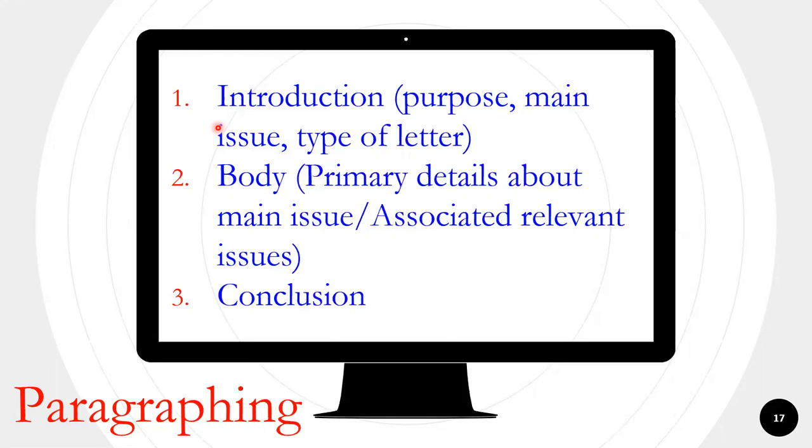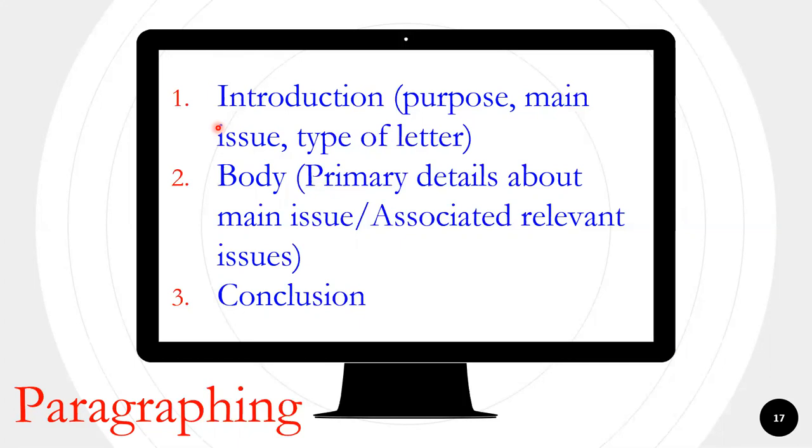Sometimes you need the name of the person over there. Sometimes you don't need it. It depends on the writer. But these three pointers should be the purpose, main issue, and then type of letter, arranged in a very logical order, not necessarily going with how I've put it. Sometimes the type of letter you're writing may come first, and the purpose, and then the main issue. These should be in the introduction, which is the first paragraph that you have.